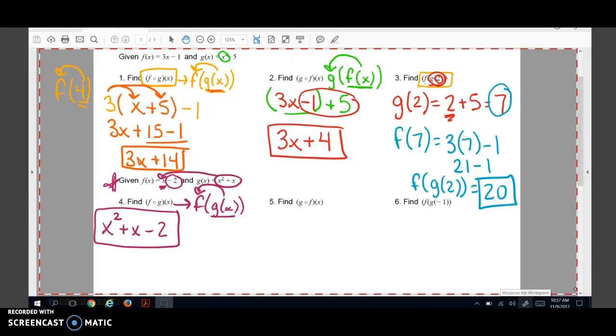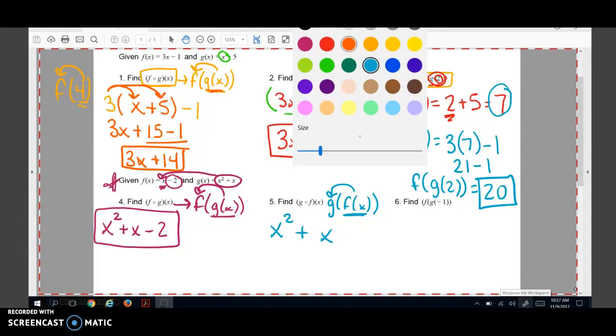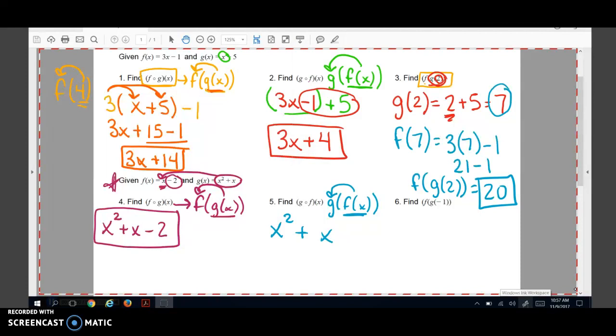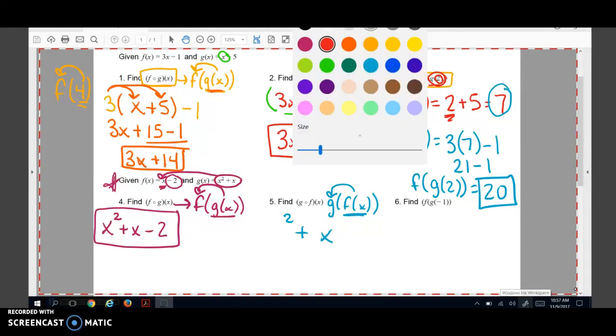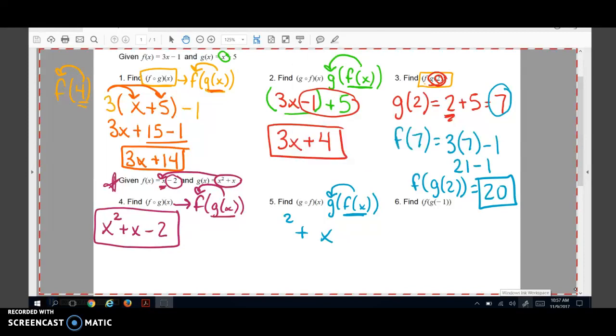Okay, number 5, we have g of f of x. So now we want to take our function f of x and substitute anywhere we see an x. Here, my g of x is x squared plus x. But remember, we want to take any place there's an x and substitute in f of x, which we know is x minus 2.